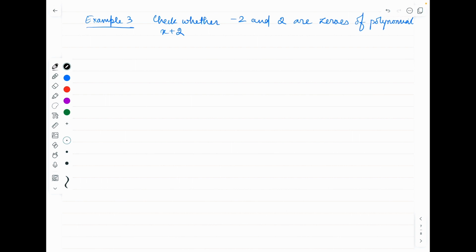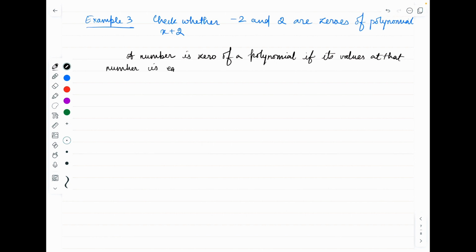We already know the definition of zeros. What is a zero? A number is a zero of a polynomial if its value at that number is equal to 0.